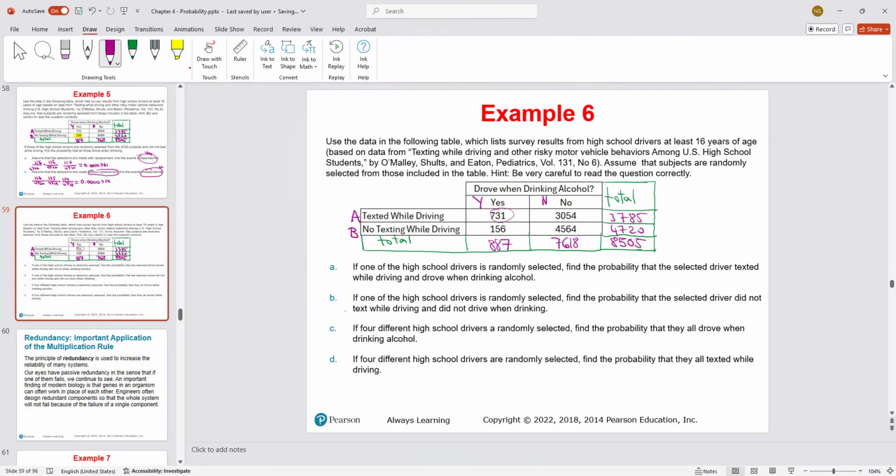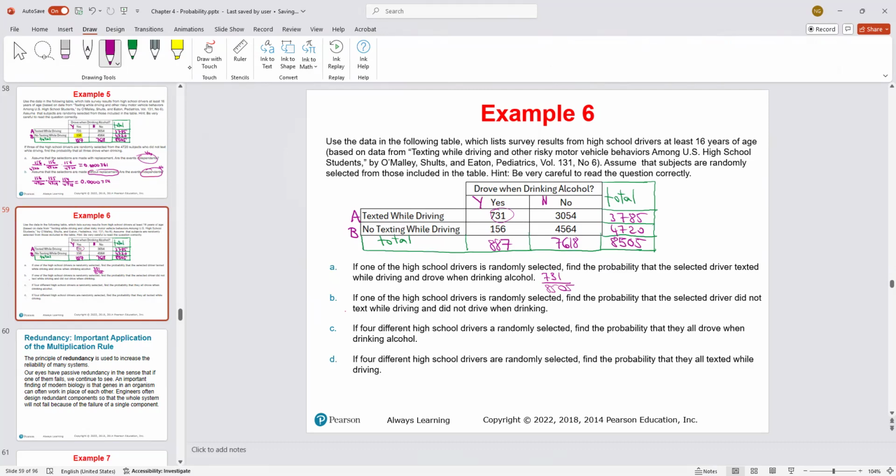So that would be probably 731 over what? Because we only focus on "and". Yes, that would be 8505.